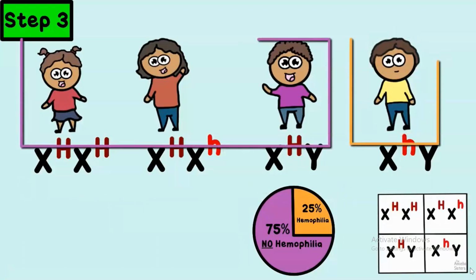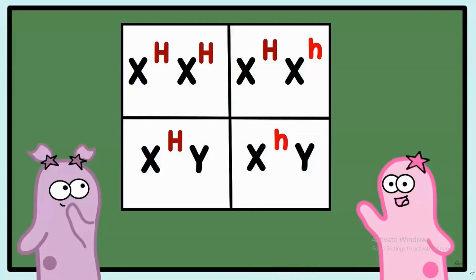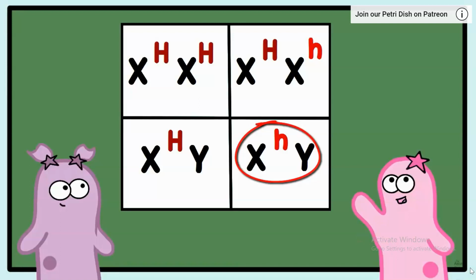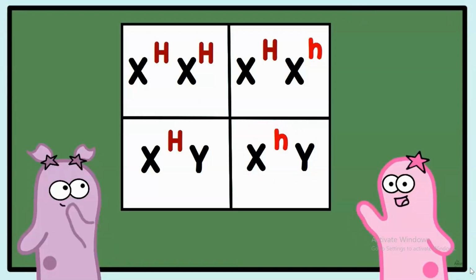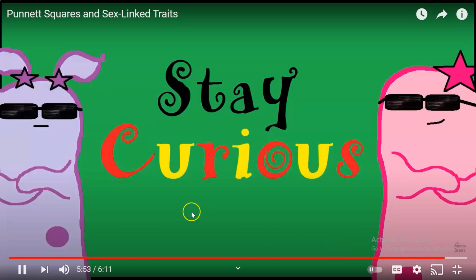You could also make this a ratio, so 3:1. Notice that in this type of example of a sex-linked recessive disorder, males are more likely to inherit this disorder because there is only one X chromosome present. This is true for many other sex-linked recessive disorders, such as colorblindness. Well, that's it for the Amoeba Sisters, and we remind you to stay curious.